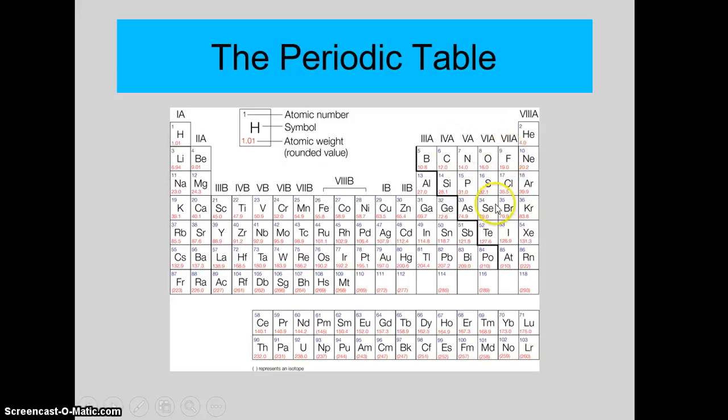These are called nonmetals. These are all nonmetals: some stuff like carbon and nitrogen and oxygen, fluorine, phosphorus, sulfur, chlorine.